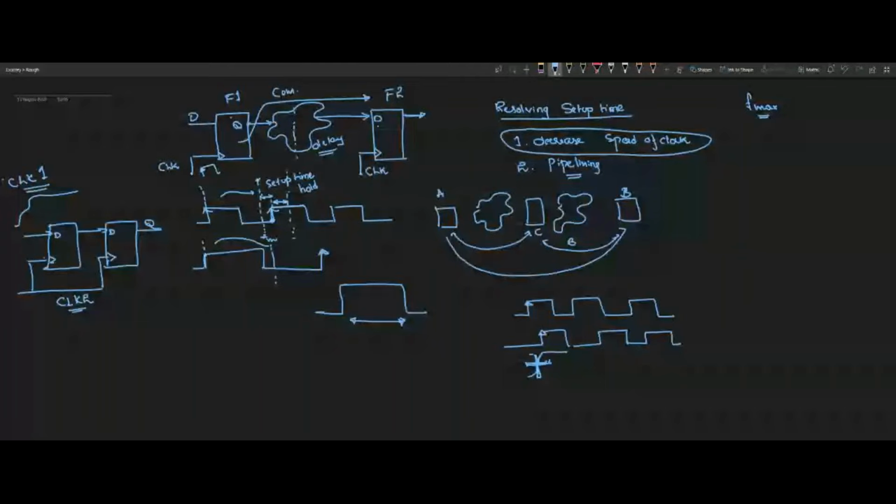Another common question people ask: what is CDC? In timing, you might hear something called CDC, right? What do you mean by CDC? Clock domain crossing. Yes. What is the meaning of it? Why do we use that? Where do we use it?